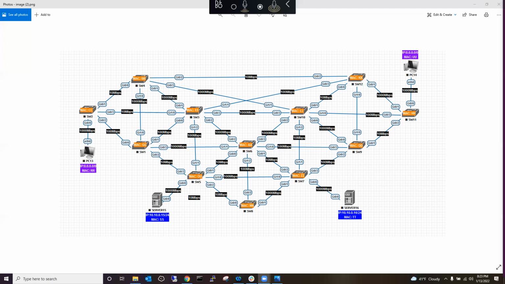Positive? Positive. There's no costs. Costs don't come into play until you start determining the roles of the ports, such as the root ports and the designated ports of the switches. Okay. Excellent.